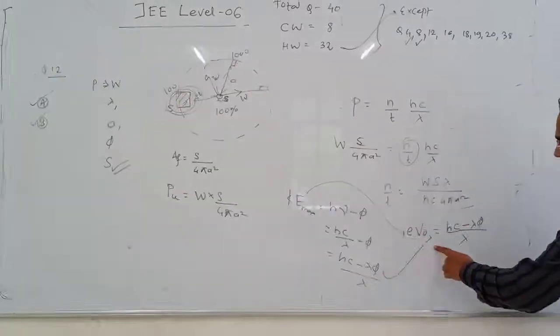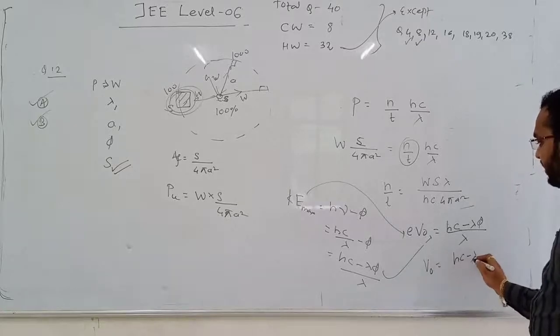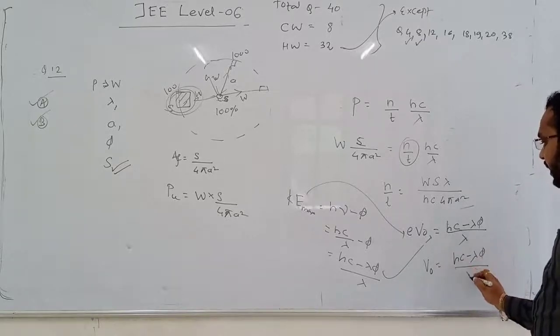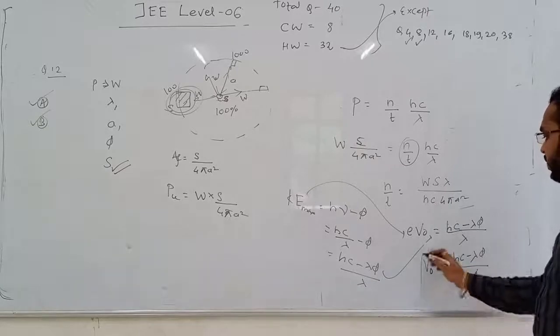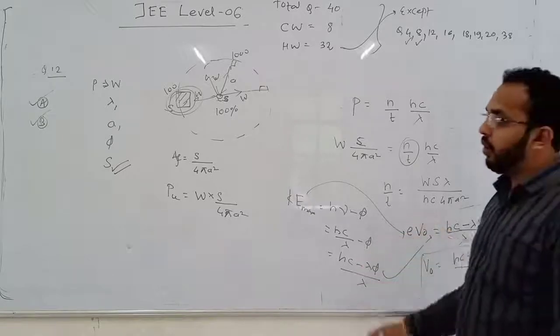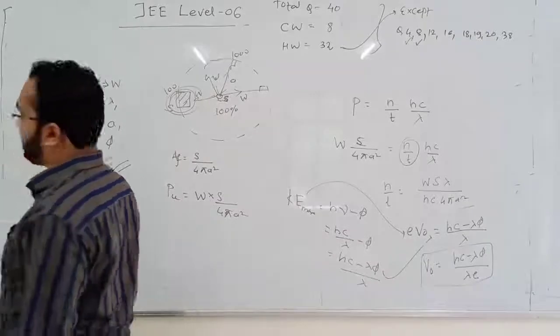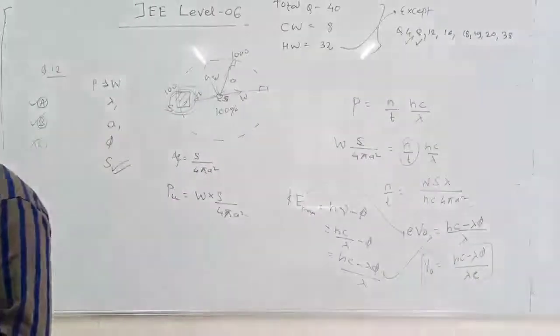Then when e goes to the other side, V naught is equal to (hc minus lambda phi) upon lambda into e. This is the stopping potential. But option C does not have this e, which is in the denominator. So option C is wrong.